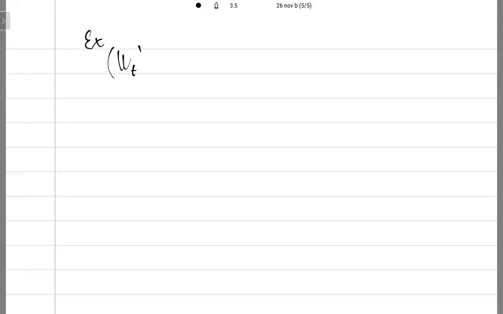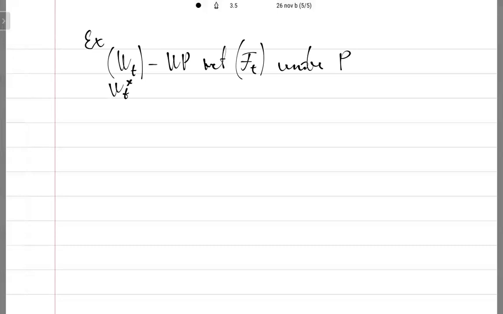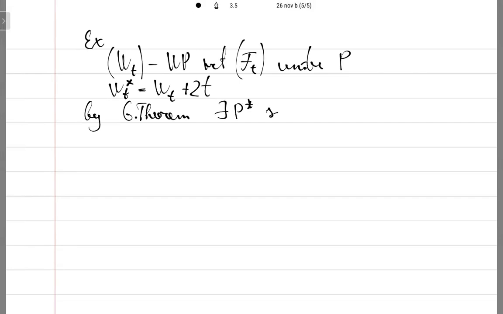Imagine that WT is a Wiener process with respect to FT under P, and WT star equals WT plus 2T. So by Girsanov theorem, there is a P star such that WT star is a Wiener process under P star.